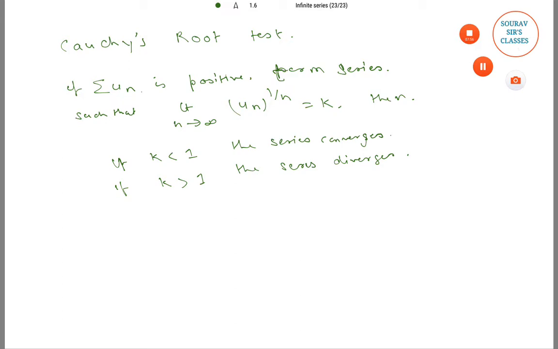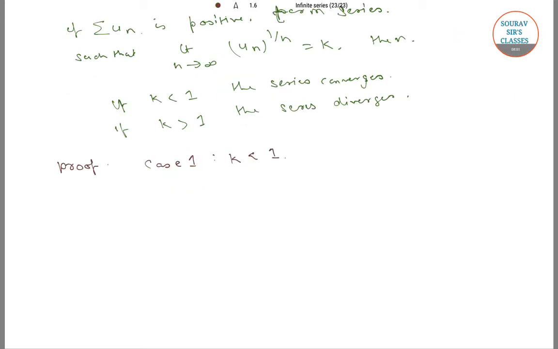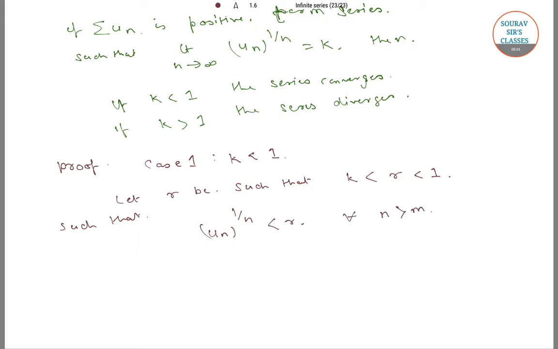Let us prove it. For case 1, that is when k is less than 1, we can find a positive number r. Let r be such that k is less than r is less than 1, such that un raised to the power 1 by n is less than r for all n greater than m, where m is some particular term.